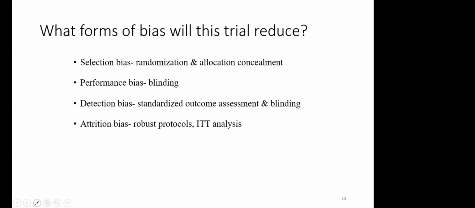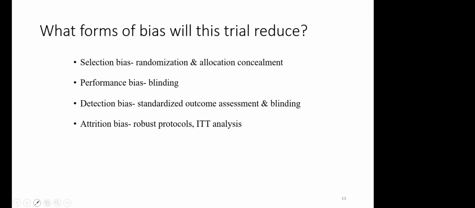So attrition means basically people falling off from the study or not adhering to, maybe, the medication that they're supposed to take during the period of the study. So this is reduced by, one, robust protocols, including robust follow-up procedures so that you minimize loss to follow-up among the study participants, and then also use of intention to treat analysis.